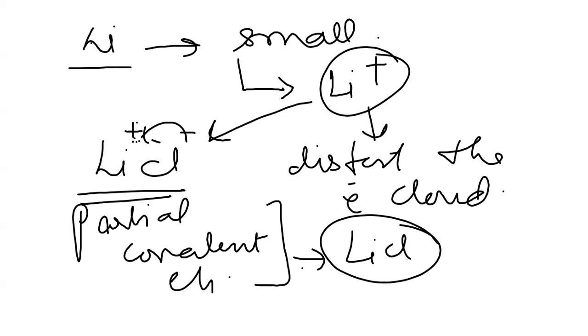Okay. And then we see that the Na+ ion cannot distort the electron cloud of Cl because of the bigger size of the sodium ion compared to the lithium ion. This is example number 8.6. Do remember, this is an exam question.